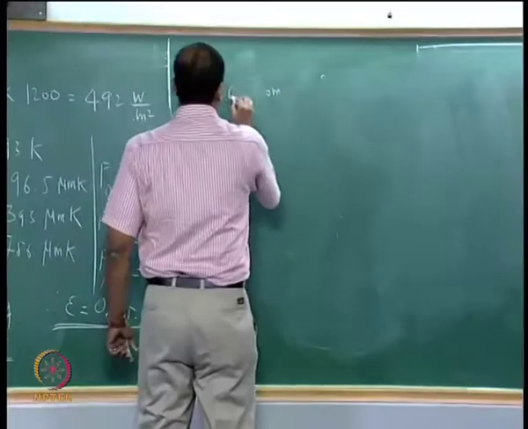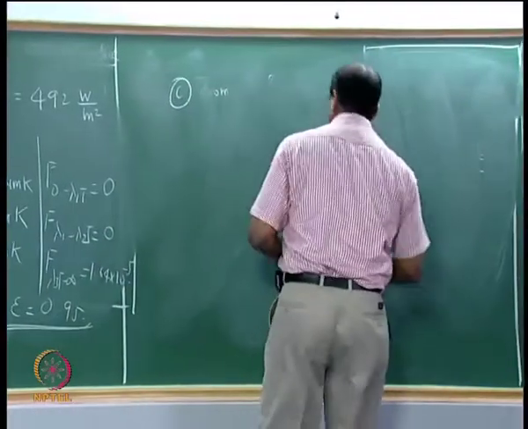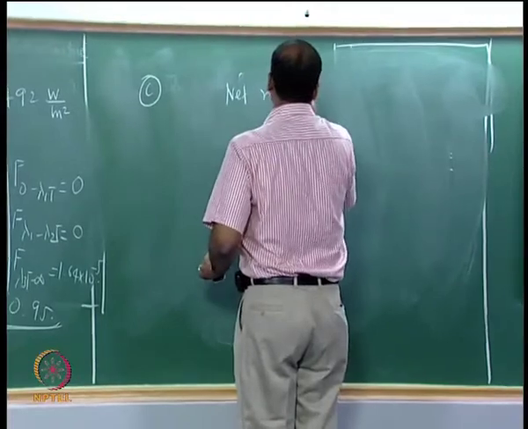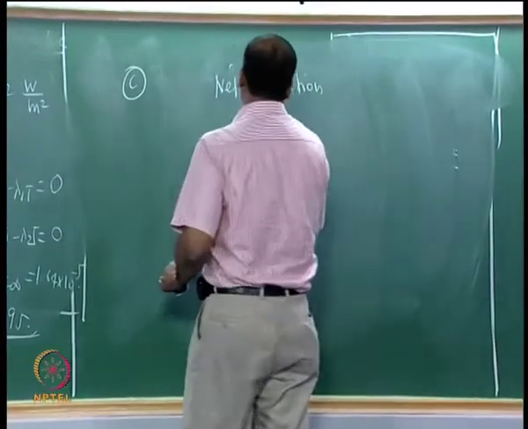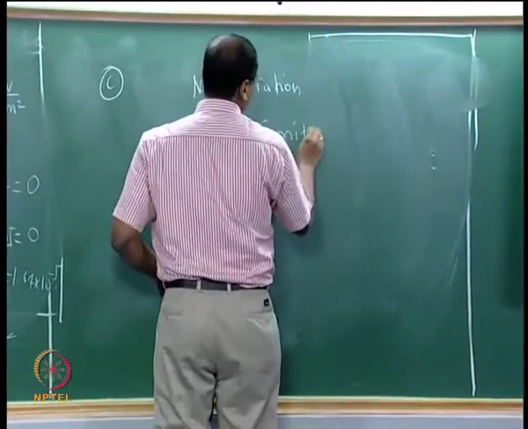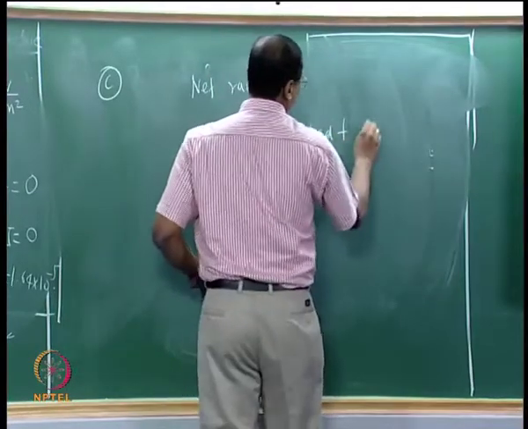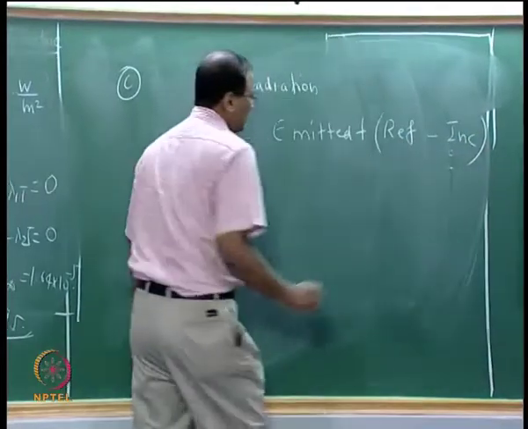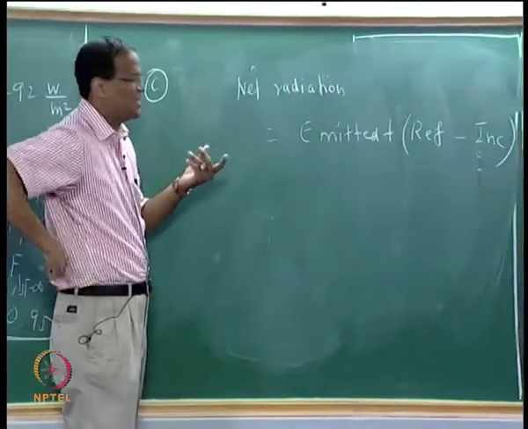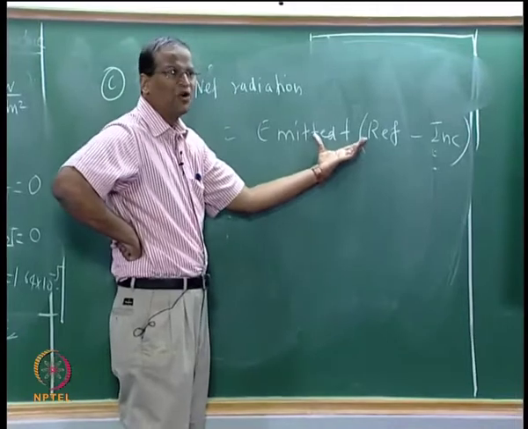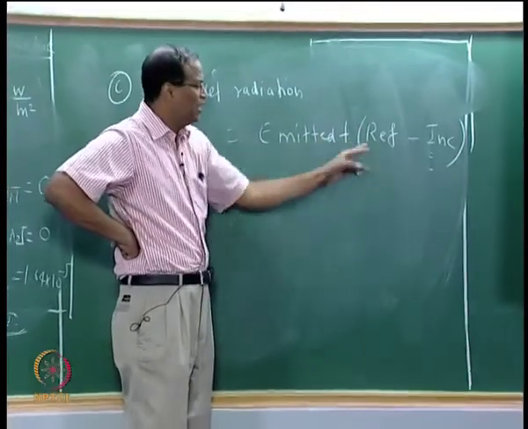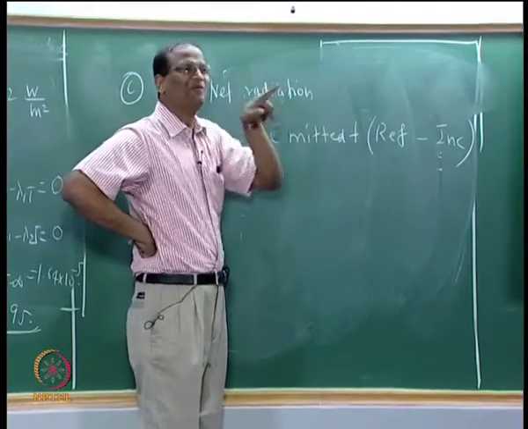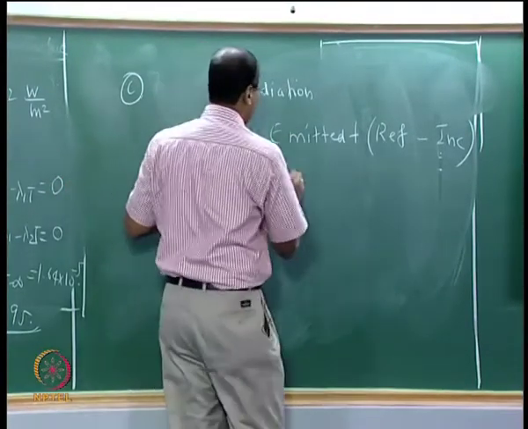Now part C, net. Emitted plus reflected minus incident. Why? Emitted plus reflected is what is going out, minus what is coming in. But what is reflected minus incident? Rather incident minus reflected. Therefore this is also emitted minus absorbed.